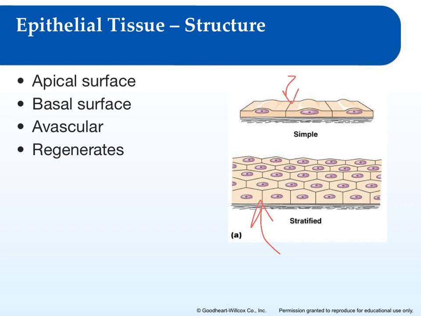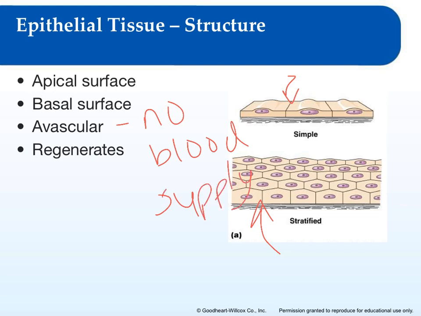No gaps, even if it's a single layer. So as a general rule, your epithelial cells will be nice and closely packed together. They are avascular, which means on their own, they have no blood supply. So there are no blood vessels that directly go to this epithelial tissue. What happens is the blood supply is going to be located here in this basement membrane.